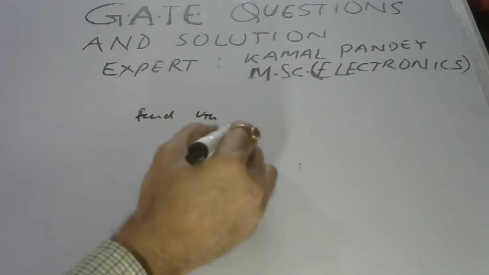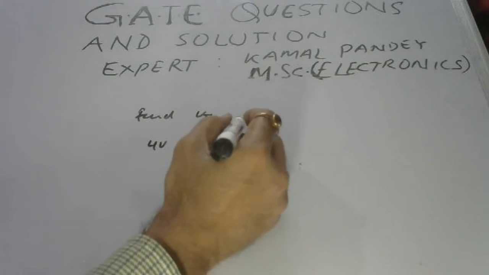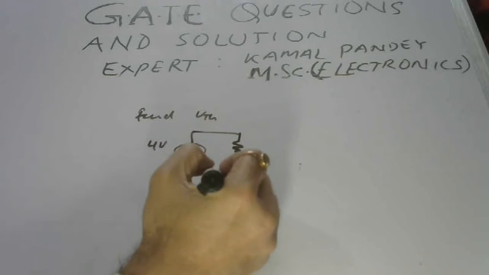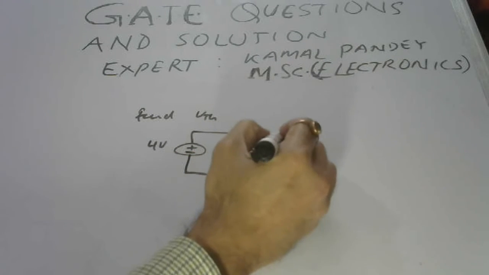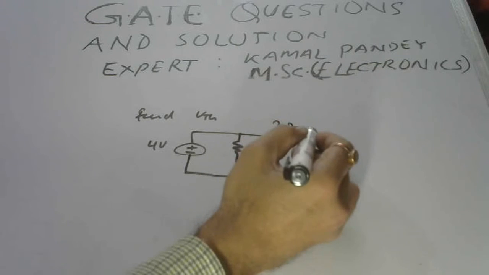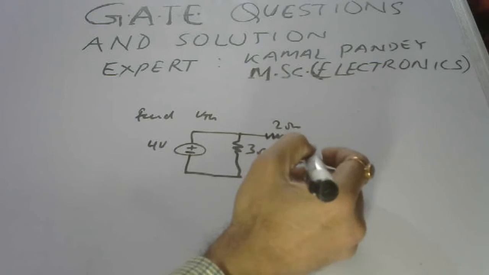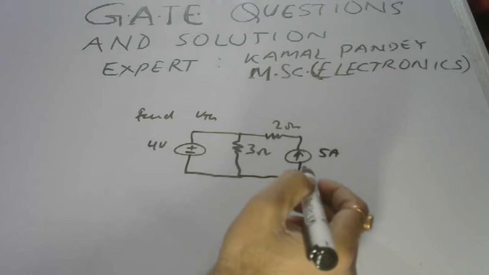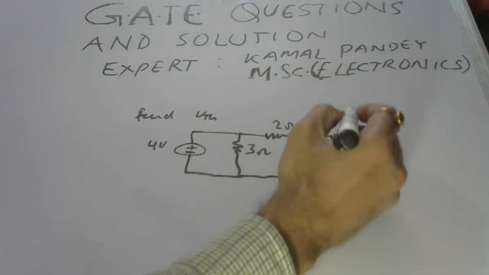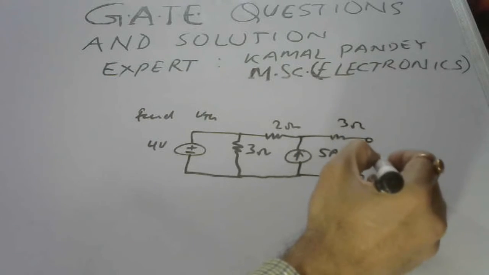This is the positive, this is the negative, a 4 volt supply, and here a 3 ohm resistance is connected, and this is a 2 ohm resistor. Here a current source of 5 ampere is flowing, and here is a 3 ohm resistor, and this is open circuit, and we have to find the value of VTH.